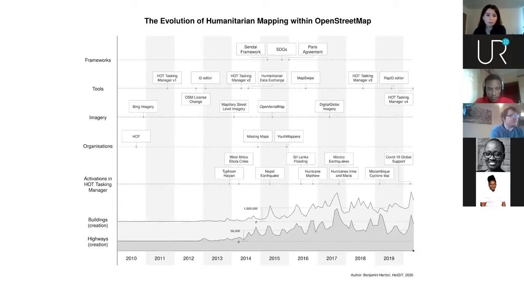At the bottom you see the mapping in OpenStreetMap, like for buildings and highways through the Tasking Manager. And we see a clear effect of all the major activations that happened in the past. On top of that, we also see that there are new organizations that have joined the humanitarian OpenStreetMap community, like Missing Maps or YouthMappers.